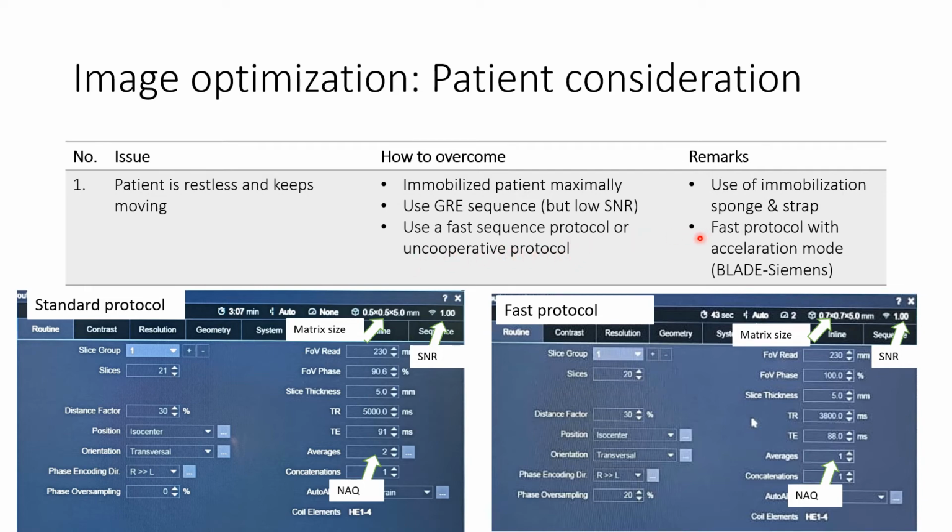So in our center, we use the fast protocol with acceleration mode. We call it BLADE. So this is a BLADE protocol, as you can see in the slide below. This is a standard protocol, and this is a fast protocol. So we can see the difference in the matrix size, NEX, but the SNR is the same.